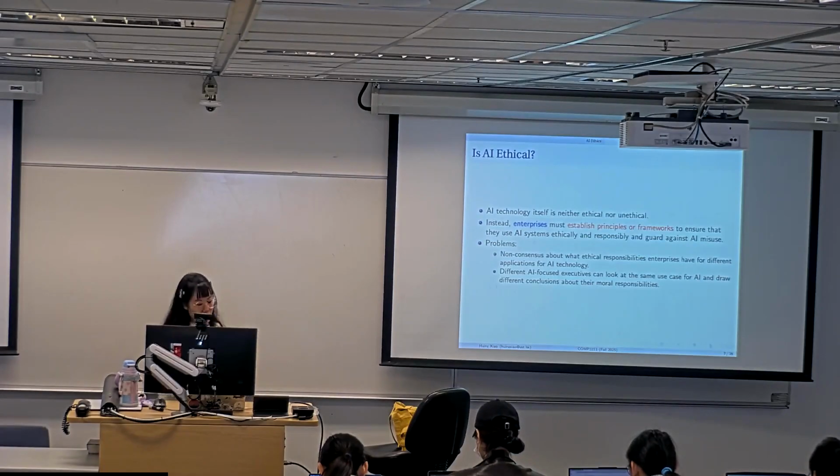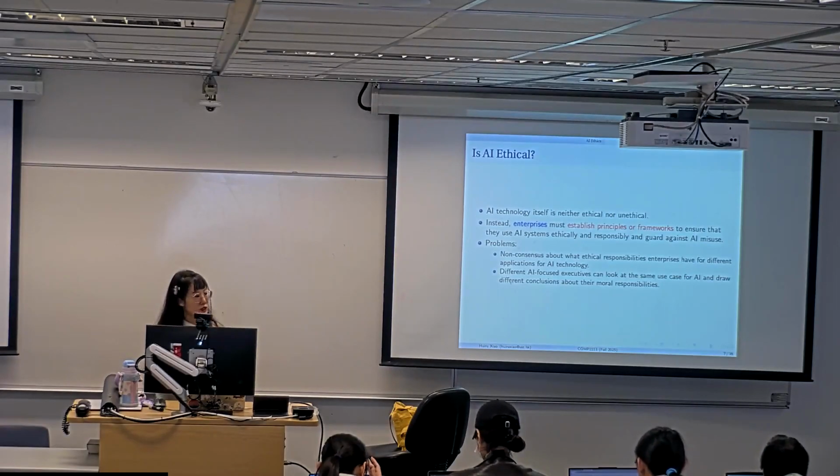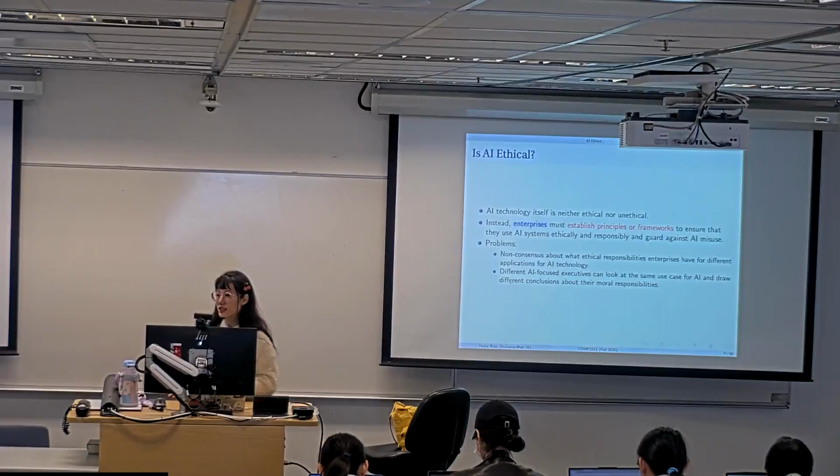Different AI-focused executives can look at the same use case and draw different conclusions about their moral responsibilities. Consensus is very difficult to reach, especially when many stakeholders are involved with the same AI system.